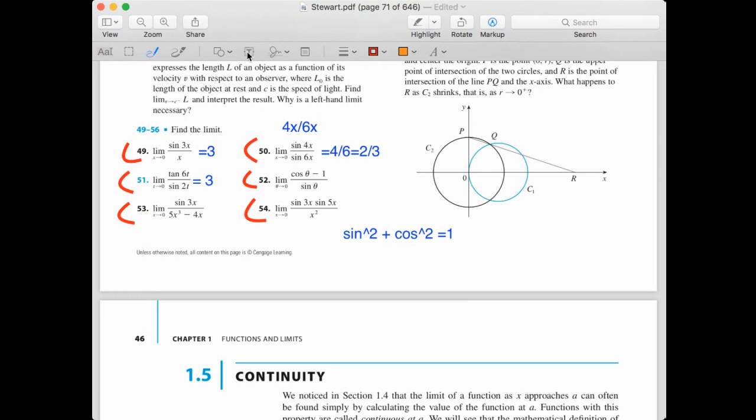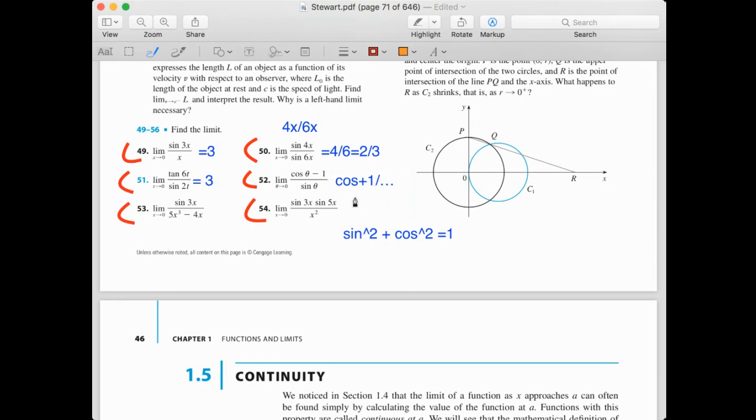So that means we want to multiply by its conjugate in this way. So we want to multiply cosine theta plus 1 over itself. Right? We multiply by 1. And this one is cosine theta plus 1 over cosine theta plus 1.